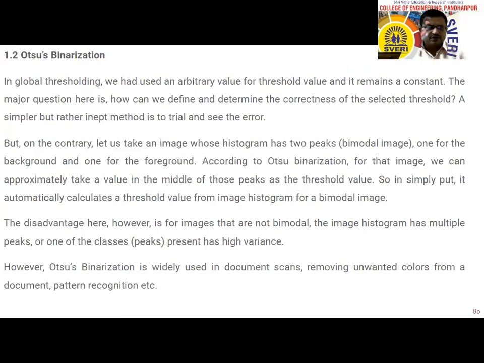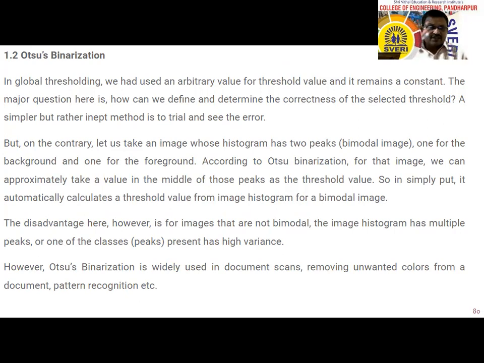Next is Otsu's binarization. The T here is silent. In global thresholding, we had used an arbitrary threshold value and it remains constant.